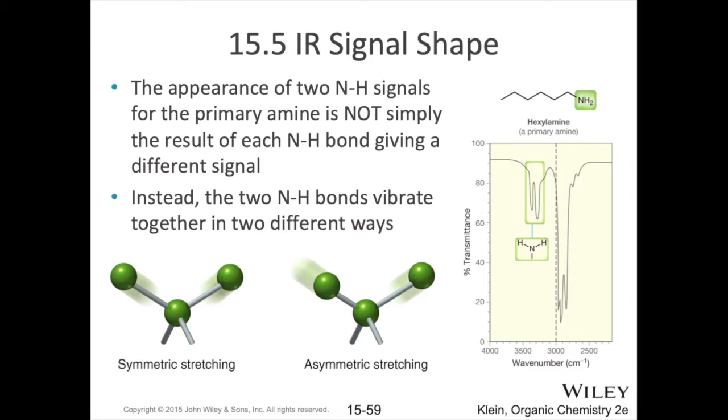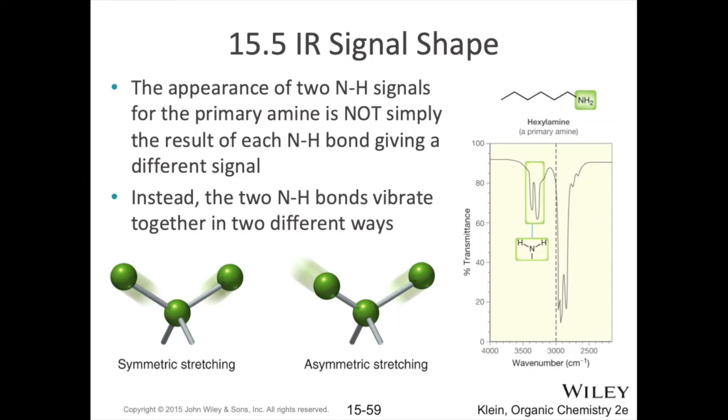In the case of a primary amine with its 2 hydrogens, you have a symmetric stretch where both of these hydrogens move in and out together. And you could have an asymmetric stretch where they alternate. So this one's coming in as this one's going out, and then as this one comes in, this one goes out. Both of those types of stretches give different signals.